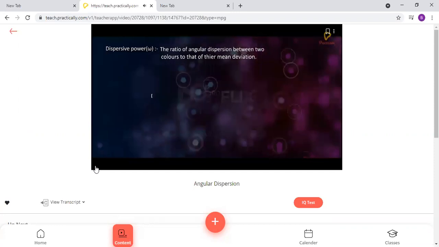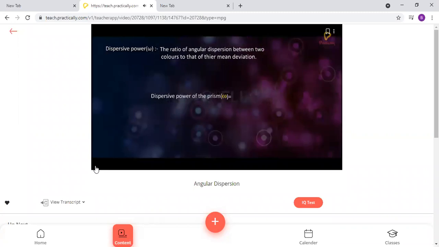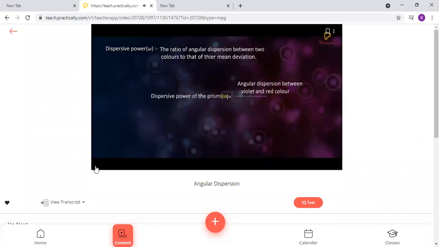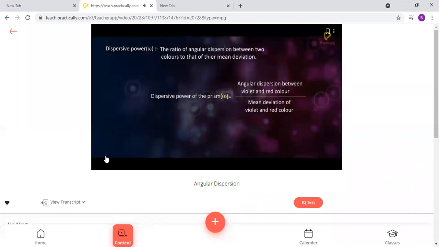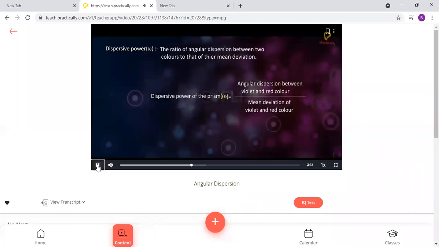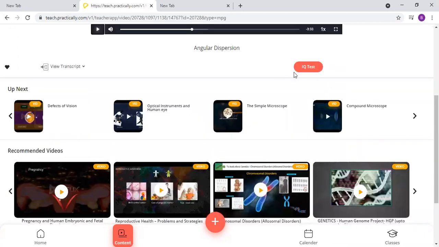Then, the dispersive power of the prism, omega, is equal to the angular dispersion between violet and red colors divided by the mean deviation of violet and red colors. Please note the formula now. Dispersive power, the ratio of angular dispersion between two colors to their mean deviation. This is omega, not W, omega.